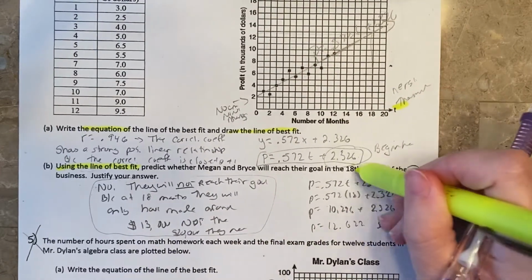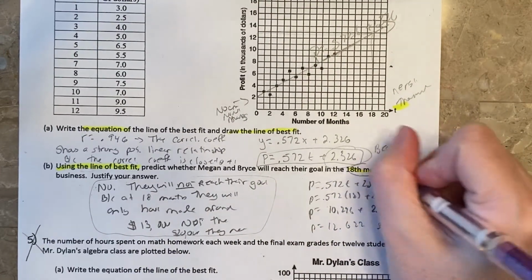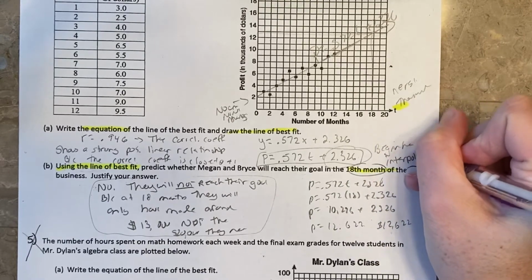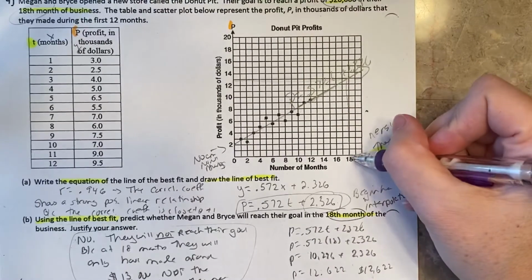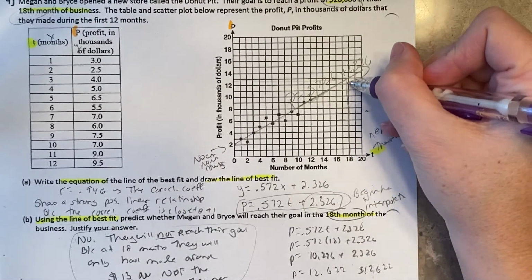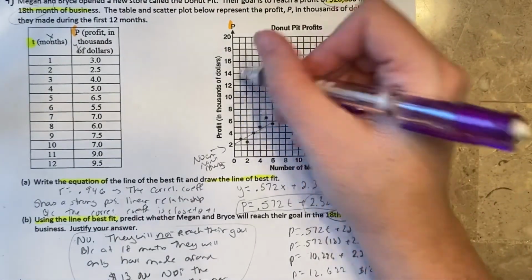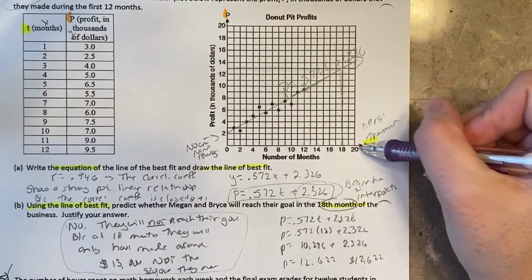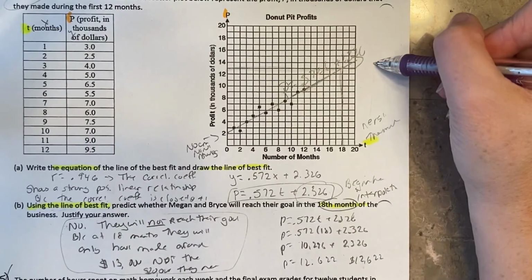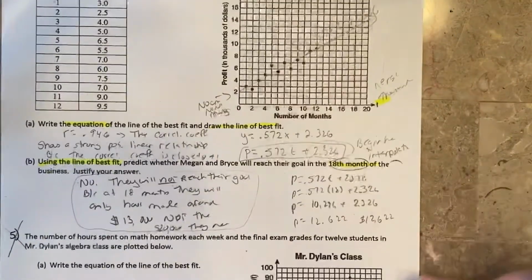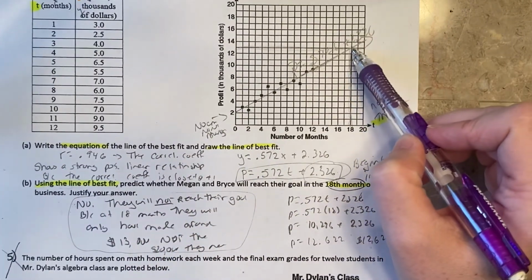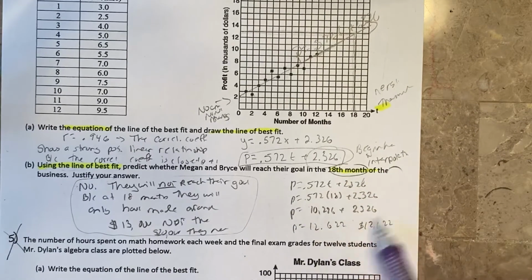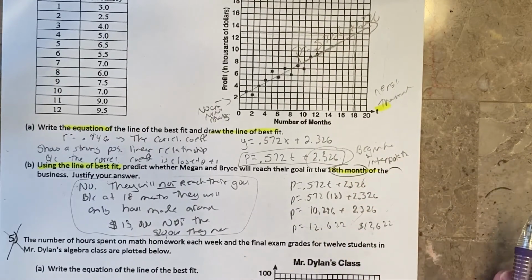And by the way, 18 months is interpolating, because it's inside the graph, so you can go up and use your line to get the answer. Something like 30 months, you could not use your line, because it's not inside this graph. So definitely line of best fit. I think they just allow you to go up and over to your line. I think it would say equation if they wanted you to actually use the equation.